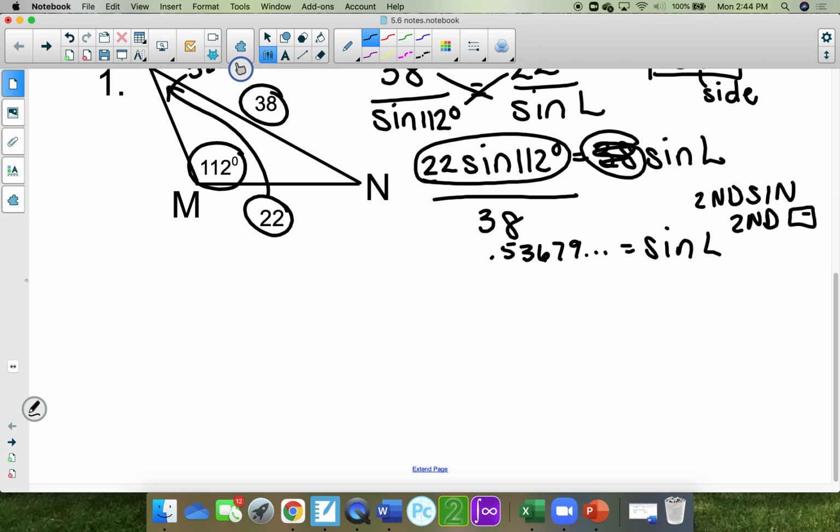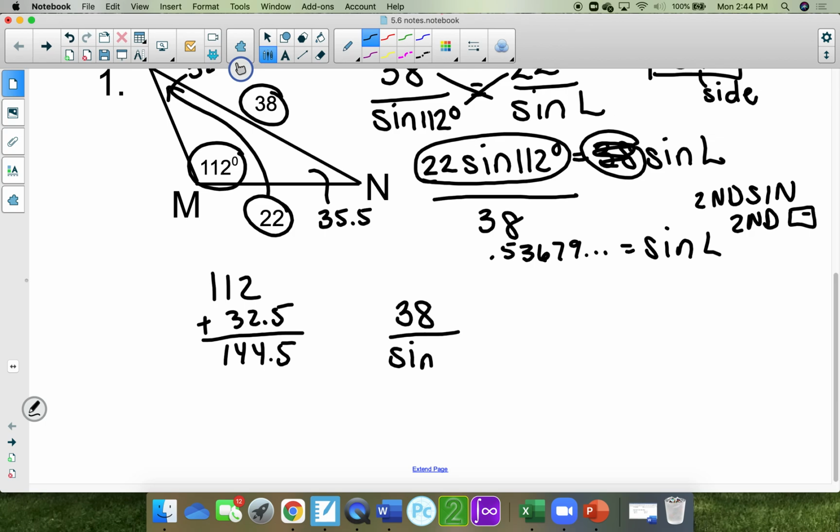And then once you know that one is 112 and the other one is 32.5, you can add those up. That makes 144.5, and you know that every triangle adds up to 180 degrees, so this angle is 35.5. And then you have to do it again. 38 is to the sine of 112 as side N, which is what we're trying to find, is to the sine of 35.5.